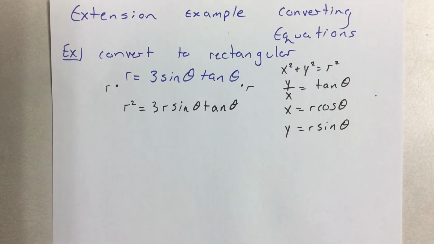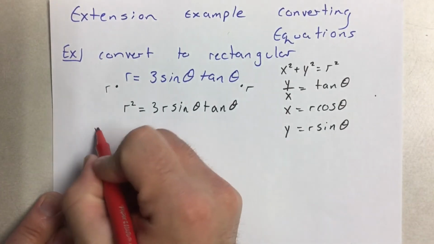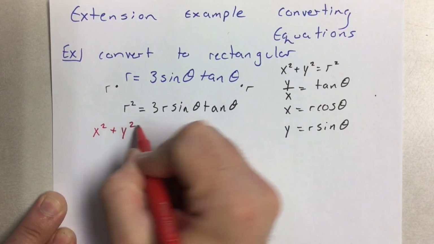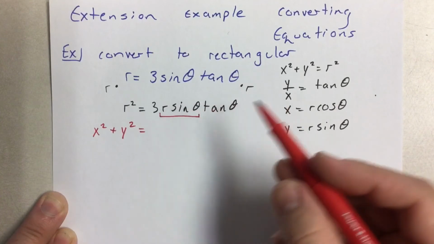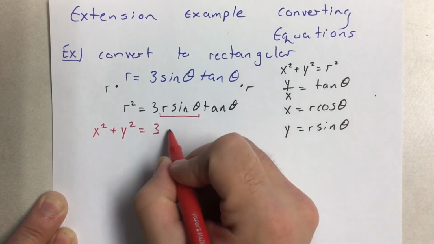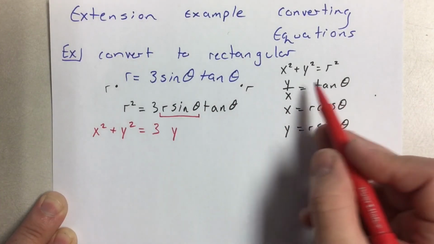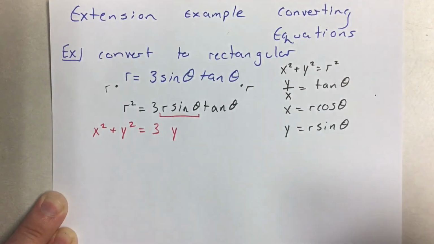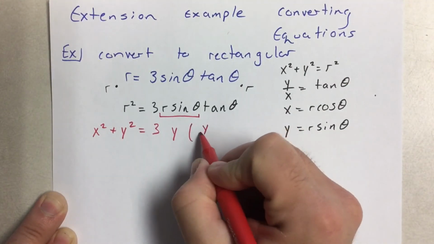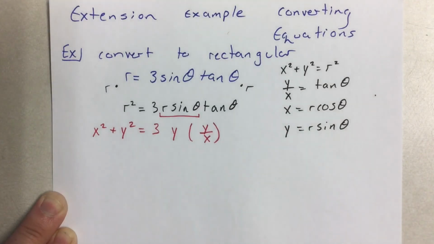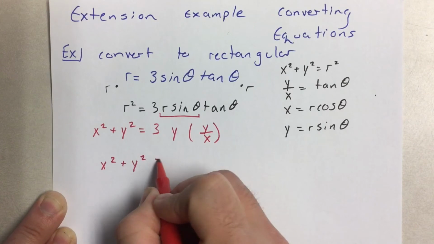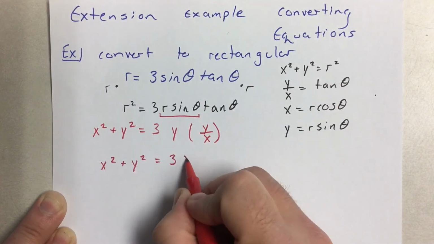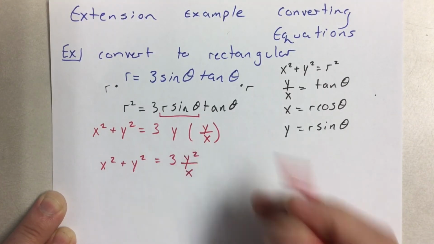Okay, so now let's work with some things. R squared we can substitute for x squared plus y squared. I see here an r sine theta, which we can replace with a y. Tangent of theta, we can replace with y over x. Let's simplify a little bit: 3y squared over x.